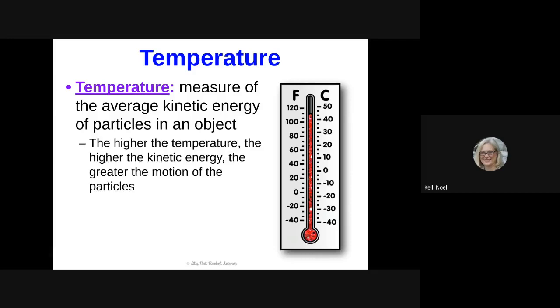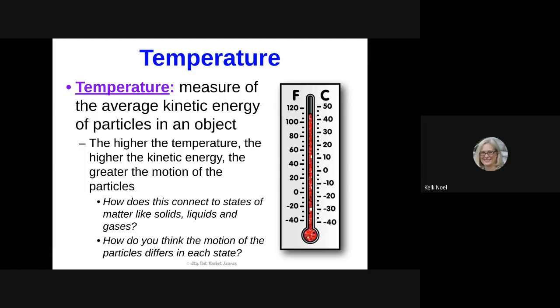The higher the temperature, that means the higher the kinetic energy. There's more motion going on with those particles. And so how is this going to connect with states of matter? Well, this is going to be how we get from one state to the other. We're going to have some temperature increases or decreases that's going to cause the change of this.